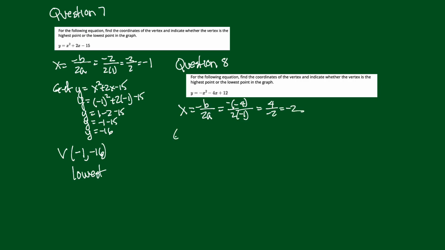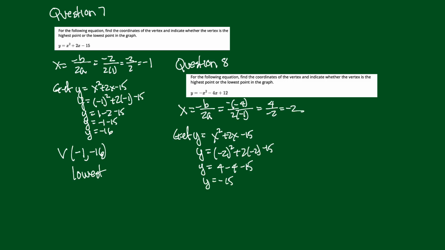Now, we need to get y. So y I can get by putting into that equation. It is x squared plus 2x minus 15. So y will equal, all right, x was negative 2 squared plus 2 times negative 2 minus 15. Y is equal to 4 minus 15. So y is just negative 15. So here's the vertex.